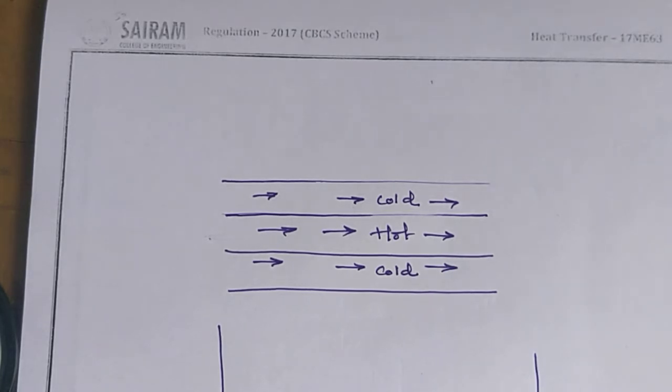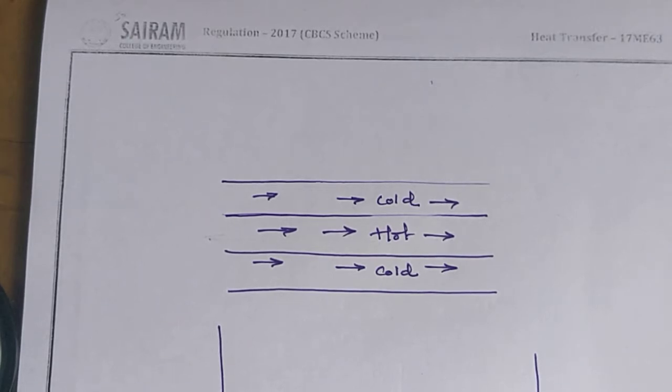This LMTD applies to various types of heat exchangers, and some assumptions are made while deriving the LMTD for different types of flows. The first assumption is that the overall heat transfer coefficient U is constant, the flow conditions are steady, and the specific heats and mass flow rates of both fluids are constant.